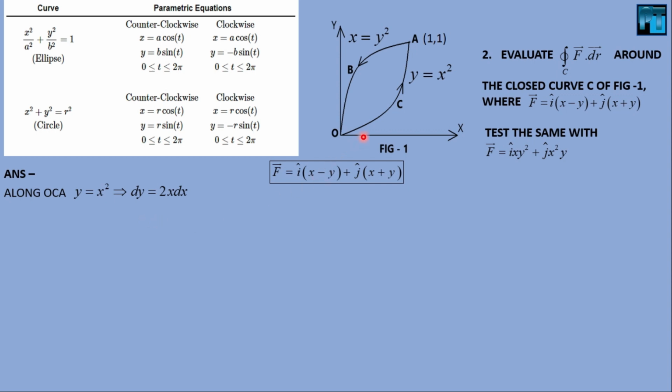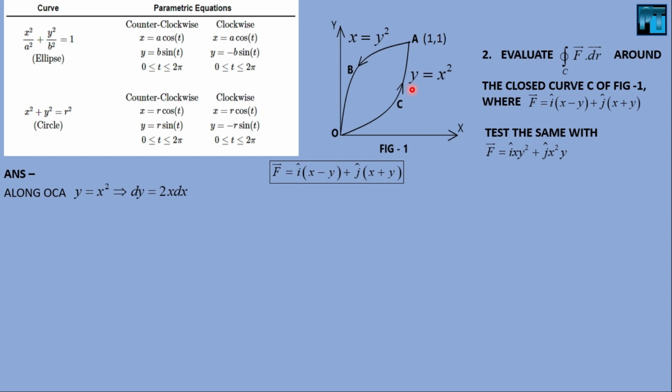Now for OCA, y equal to x square, so either we can convert all y's into x, or all x's into y. If I convert x into y, then the transformation becomes a little more complicated, like x equals root over y, and dx becomes more complicated.